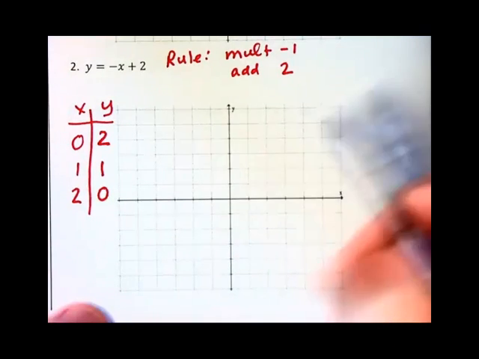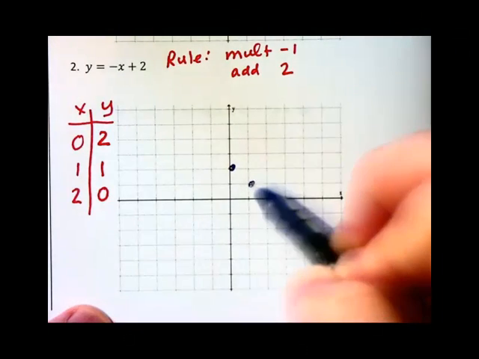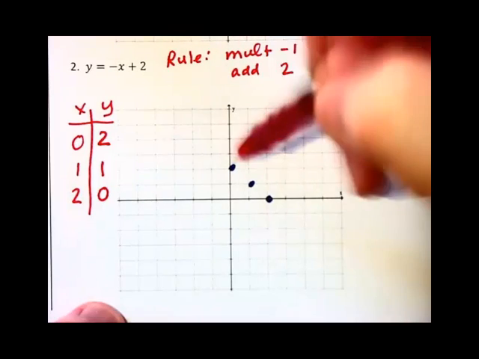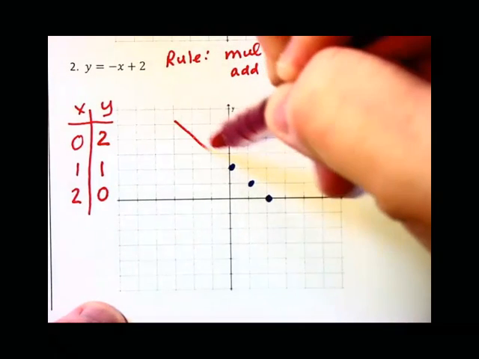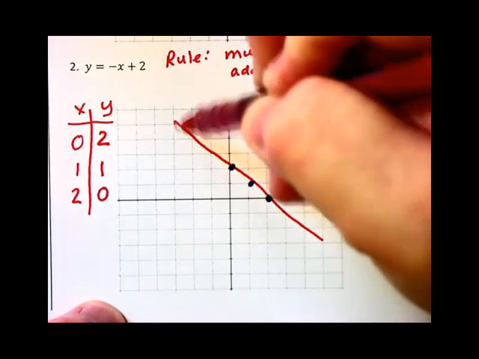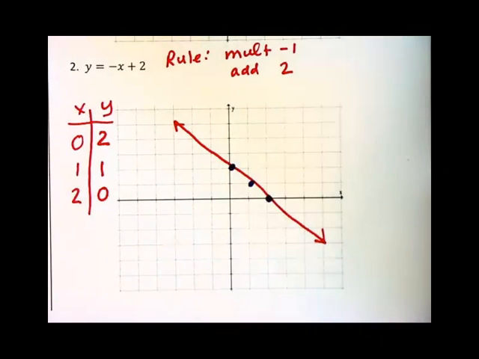We would then have 3 points, 0, 2, 1, 1, and 2, 0, through which we could then draw our line. I'm going to again extend it outward further, and hopefully your lines are better than mine. And again, I'm going to draw arrows at the ends of my line.